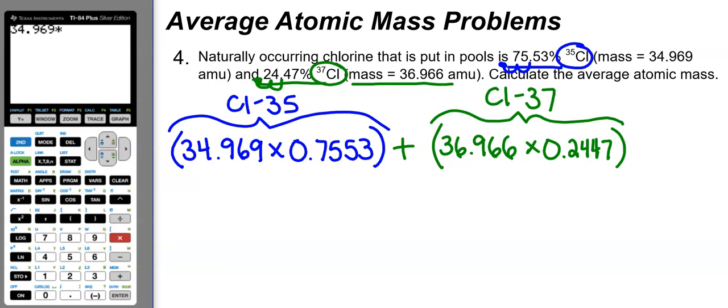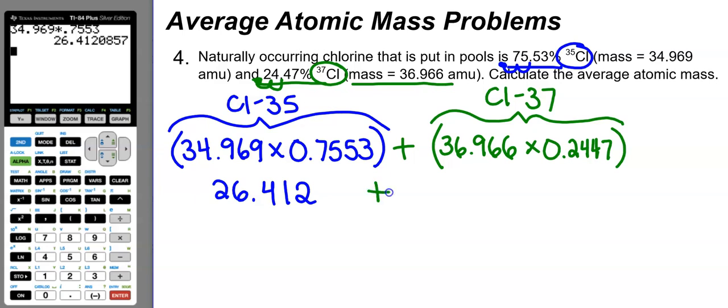That's probably the trickiest part, making sure we're typing the numbers correctly. Times 0.7553. And that gives me a mass contribution of 26.412, and I'm not going to write the rest of this out because I will just go back and select that value in my calculator. So that's my mass contribution for chlorine-35.